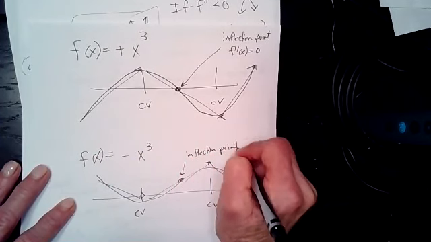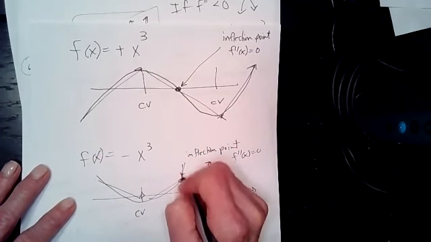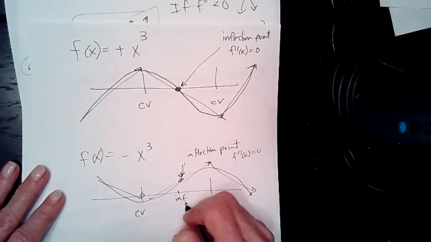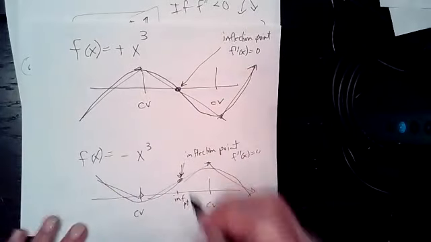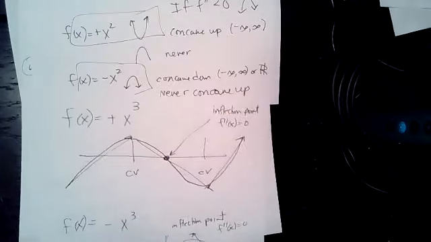So you just have an idea. That's where your second derivative is equal to 0, that x value right there, or it's your hypercritical value.